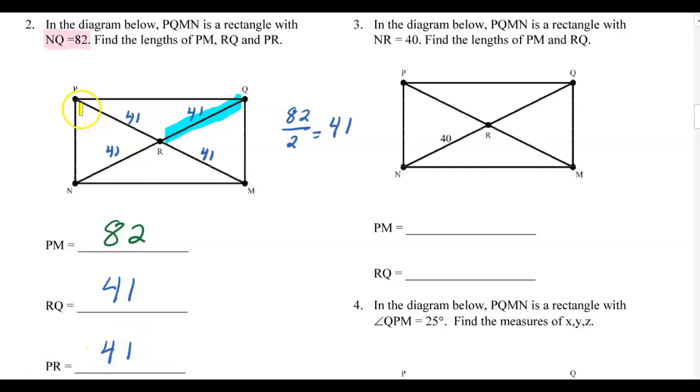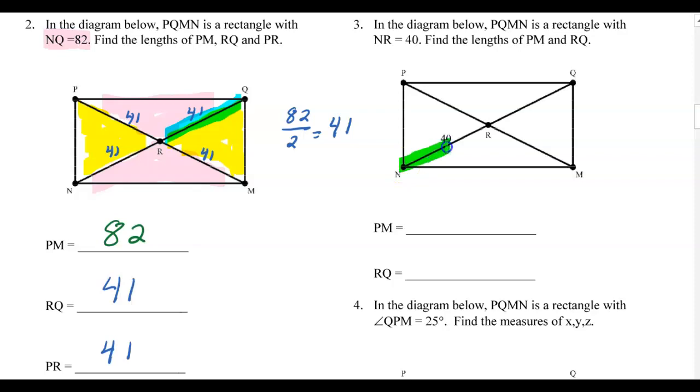And just a side note, notice that this is an isosceles triangle. On the other side we have a congruent isosceles triangle that I highlighted in yellow. And in fact, these pink triangles are also isosceles. Let's take a look at example number 3.